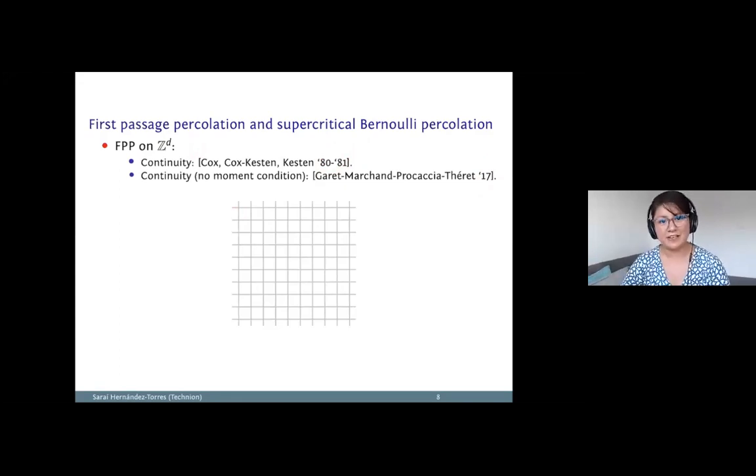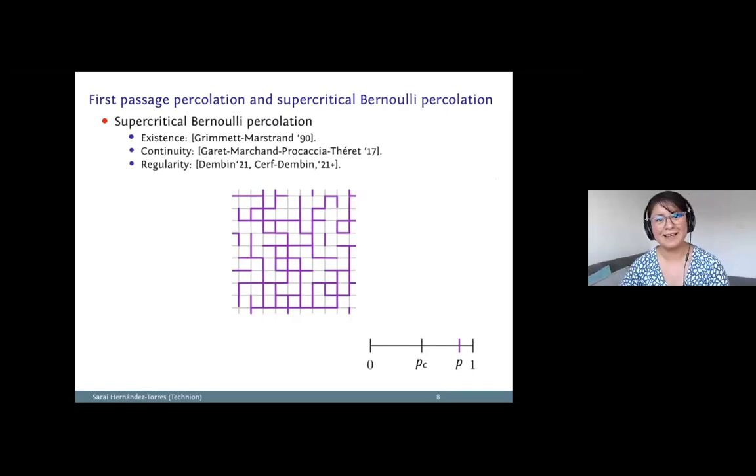And in particular, if you don't have moment conditions, then you can start thinking about Bernoulli percolation, because you can take passage times to be infinite. And this is really an important precedent for what we're going to do today. So let's consider the time constant on supercritical Bernoulli percolation, and it exists in a paper of Garet and Marchand.